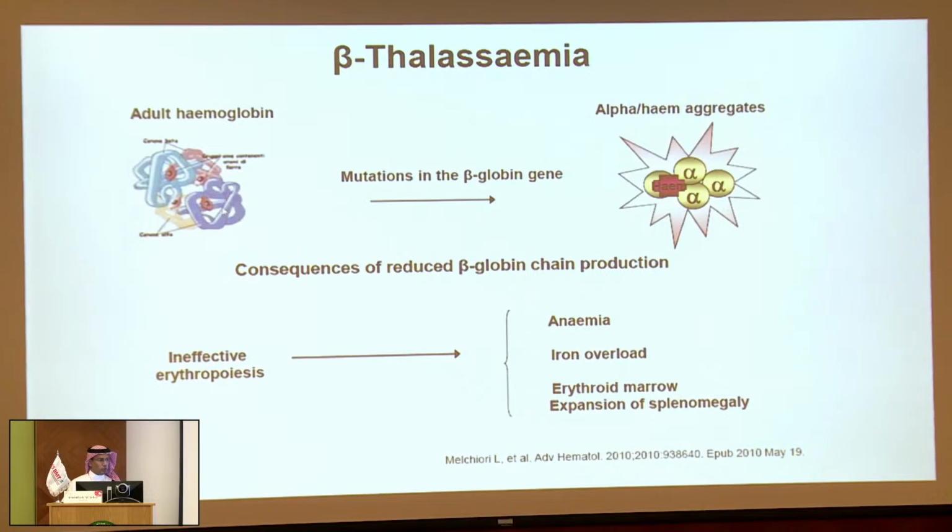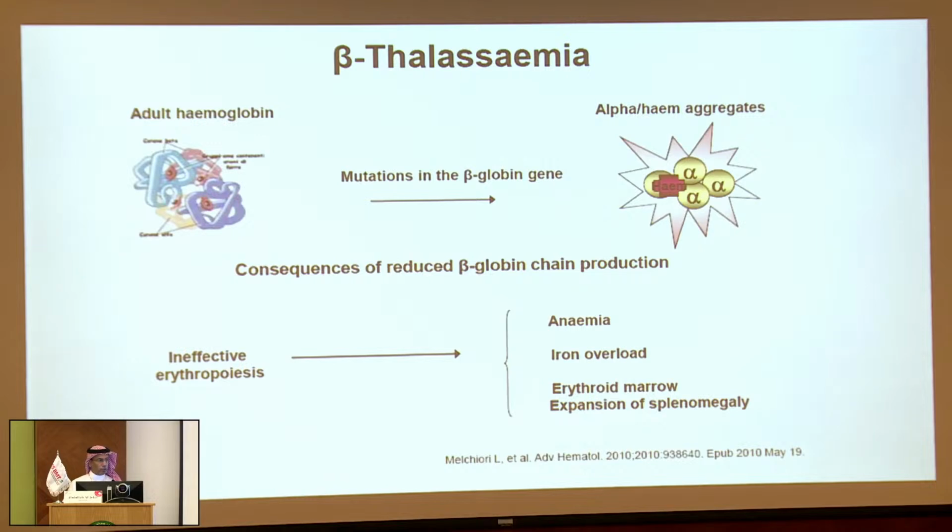As I mentioned to you, the integrity of hemoglobin is important to keep the structure functioning. But if you lose the beta globins, the alpha heme aggregates will precipitate in the cells and lead to red blood cell destruction and excessive bone marrow production, or ineffective erythropoiesis, that will lead to severe anemia, expansion of the medullary cavity, and skeletal deformity of the skull, the face, and different bones in the body.